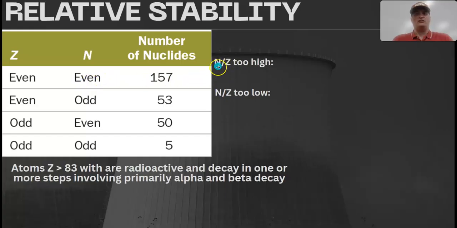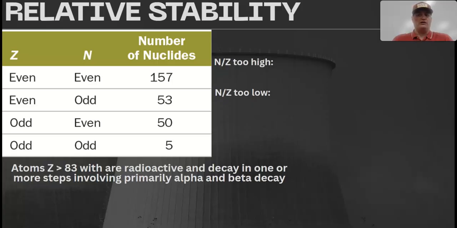Now, there's this relationship between atomic number and neutrons, and essentially 1 to 1 is going to be best. If it's too high, then the nuclides that lie above that valley of stability have too many neutrons. They tend to convert neutrons into protons. This process of undergoing beta decay moves down the nuclide until it gets into that valley of being kind of a 1 to 1 ratio.